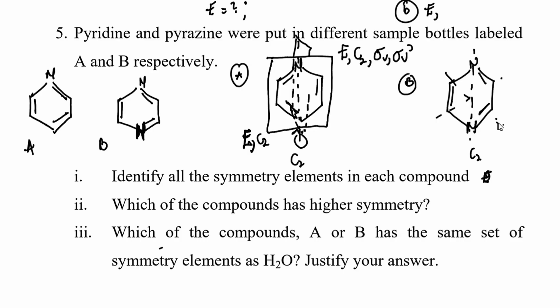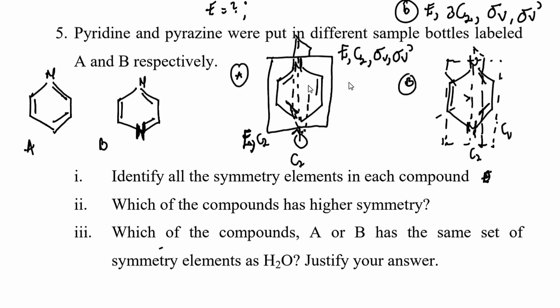These are different axes of C2, so we have 3 C2s. Now the mirrors. We can have a mirror here, which we call sigma V, another mirror here, and another mirror here, which we call sigma V prime.